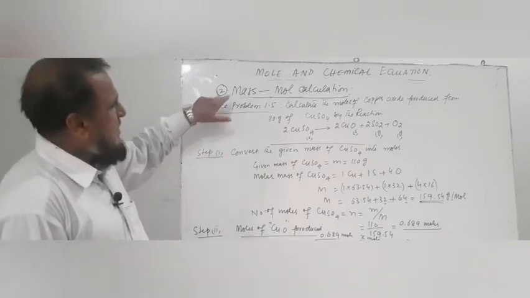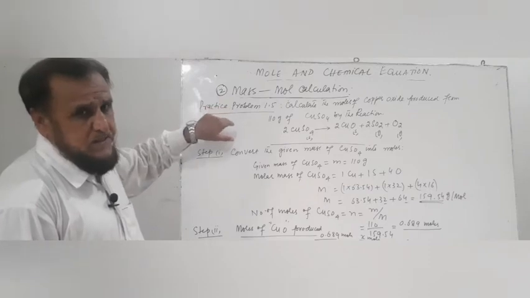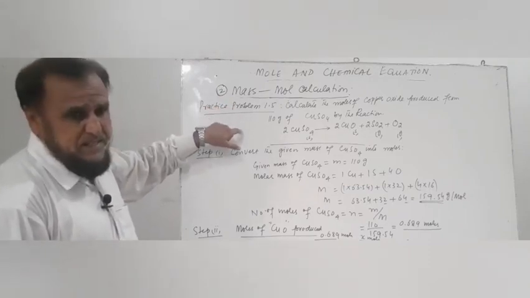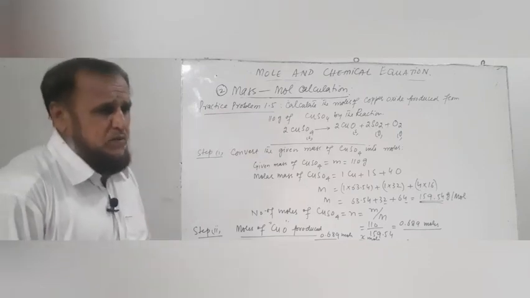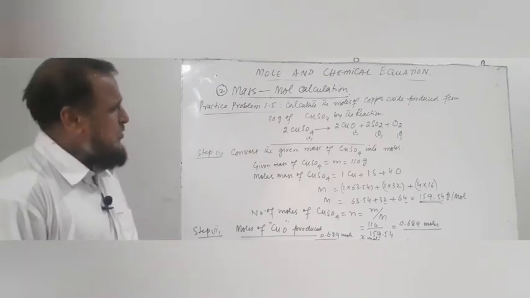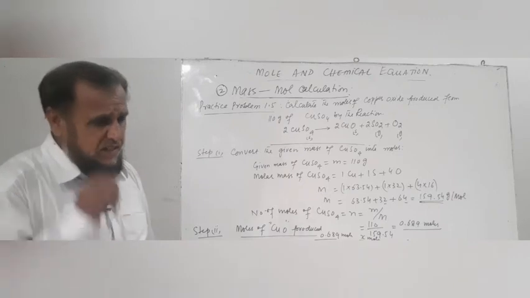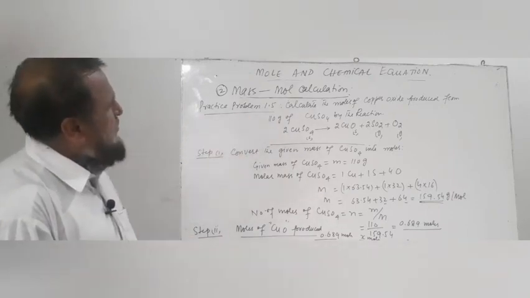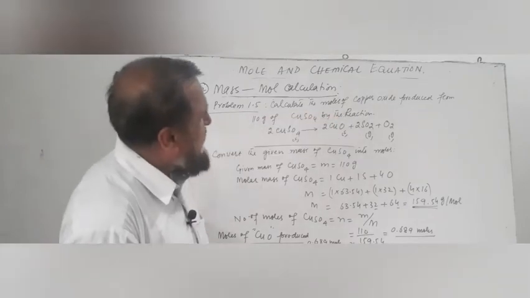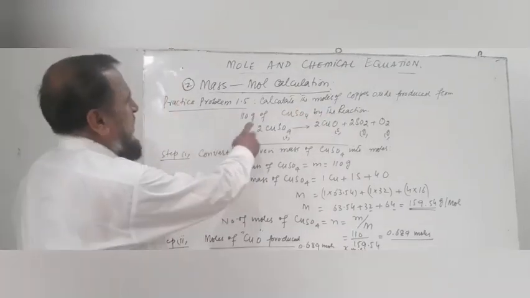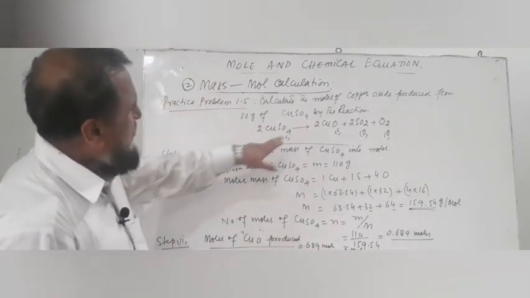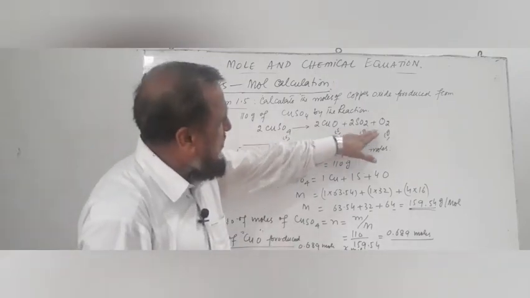In the first step, we convert the given mass into moles, and then from the number of moles of the given substance, we calculate the number of moles of the sought substance by using the molar ratio given in the balanced chemical equation. Practice problem 1.5 is: calculate the moles of copper oxide produced from 110 grams of copper sulfate by the reaction 2CuSO4 → 2CuO + 2SO2 + O2.